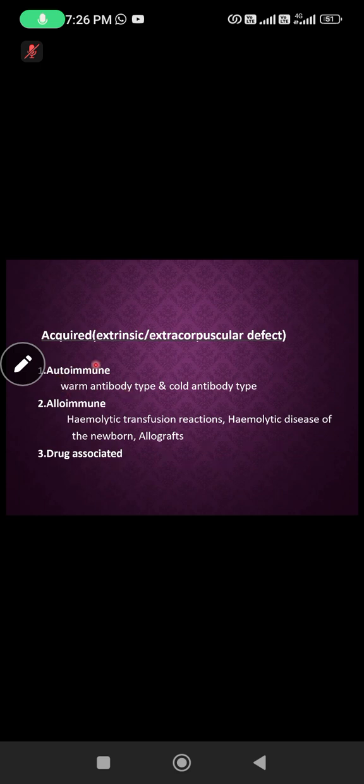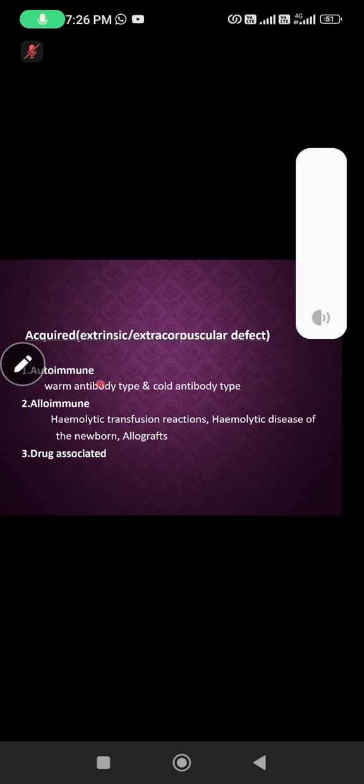Among the acquired hemolytic anemias, the autoimmune hemolytic anemias are kind of rare, and alloimmune hemolytic anemias are also rare. Autoimmune hemolytic anemia could be either warm antibody type or cold antibody type. By now you know what autoimmunity is because you learned immunology in the first year.